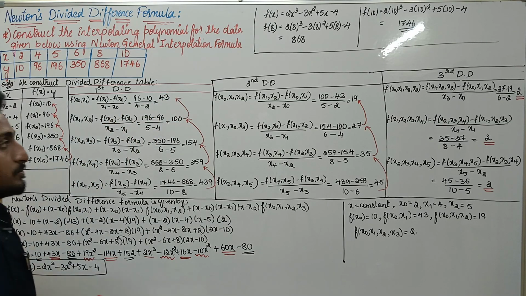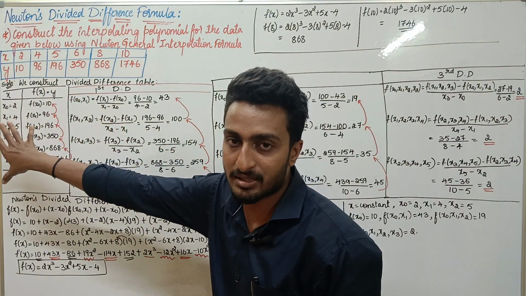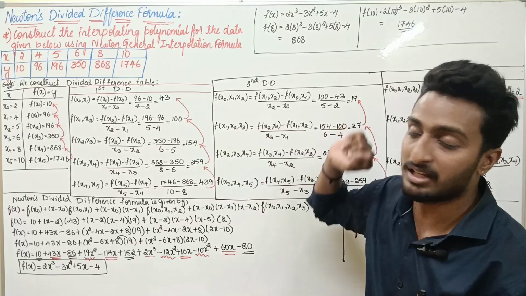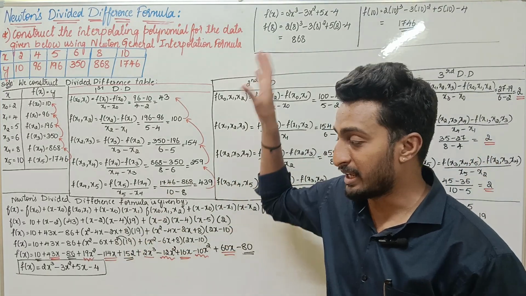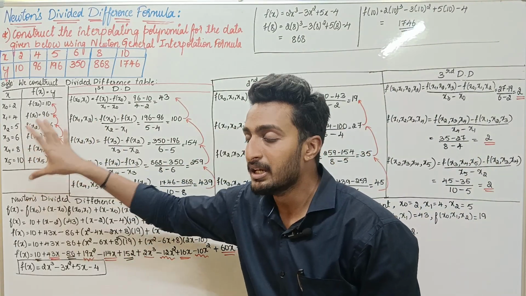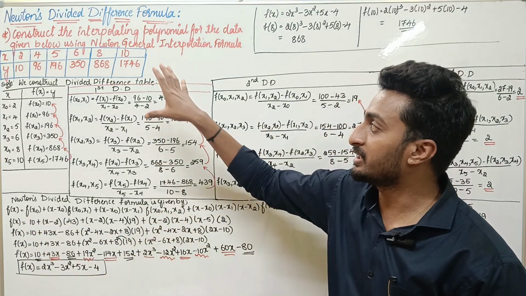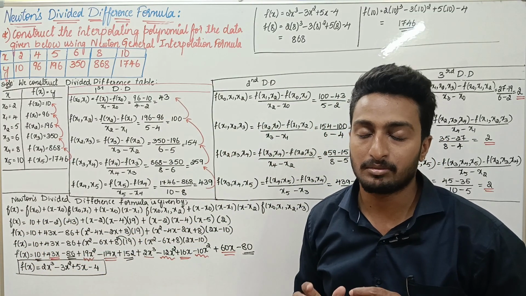For verification, you can consider a value of x and substitute in the polynomial equation. If the solution satisfies the given values, then we can conclude that f of x is the polynomial function of the given Newton general interpolation tabular column.